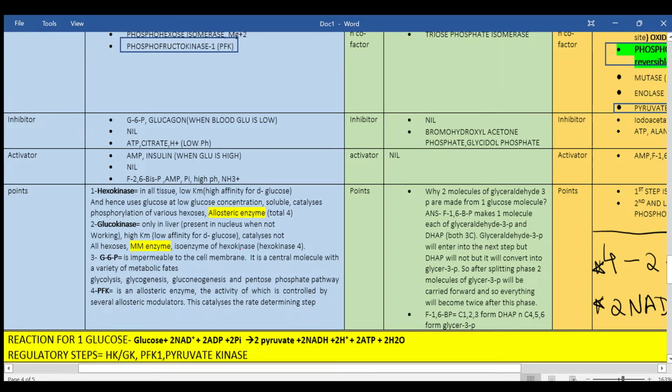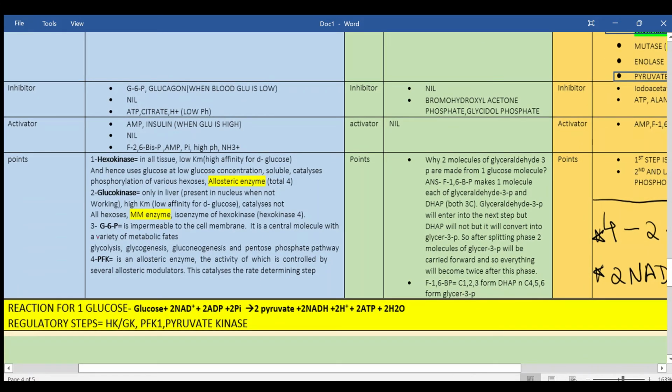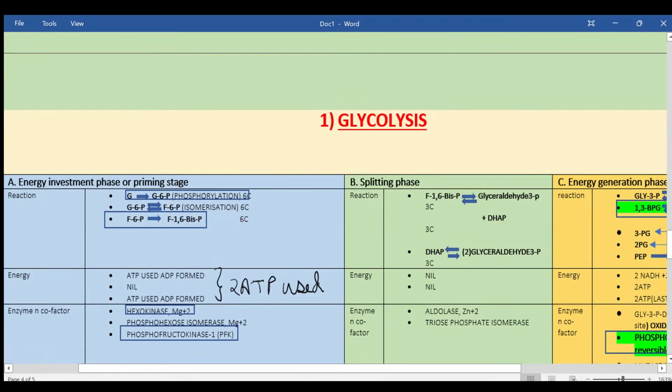It is an isoenzyme of hexokinase, and as I have already mentioned here, there are a total of 4 hexokinases. So again I have written here the same thing. Now glucose 6-phosphate, that is the first product of glycolysis.